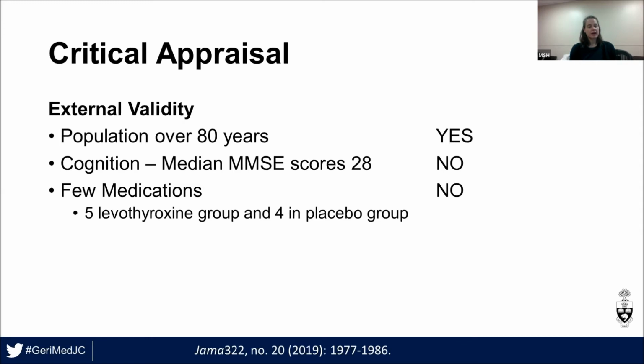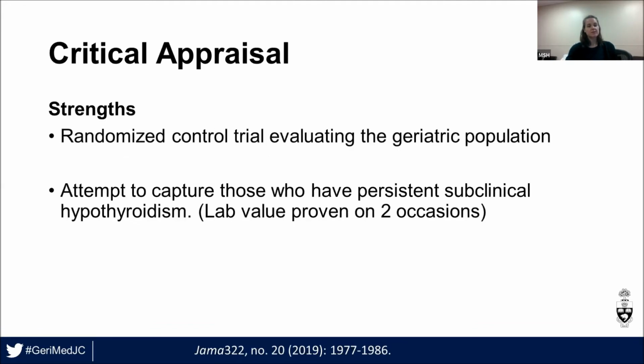And I would say that our patients are on more than 5 medications. The strengths of this trial, it's randomized, and it looks at the geriatric population, and they seem to make a good attempt to capture those who had persistent subclinical hypothyroidism because the lab value had to be proven on 2 occasions.